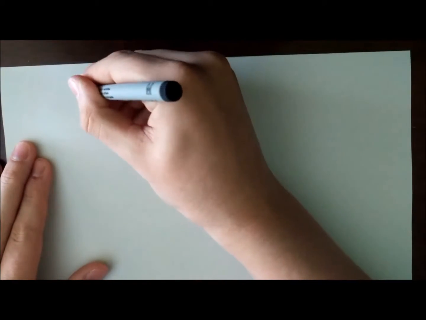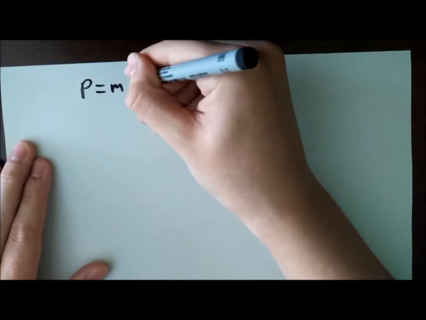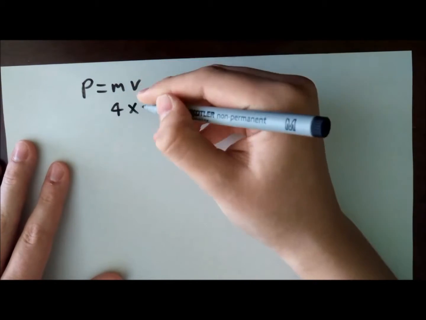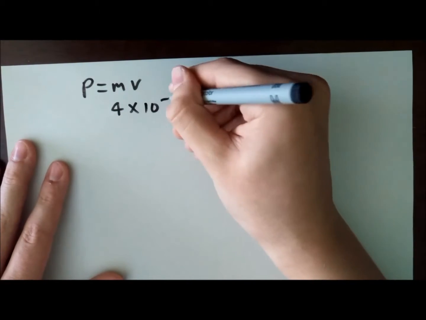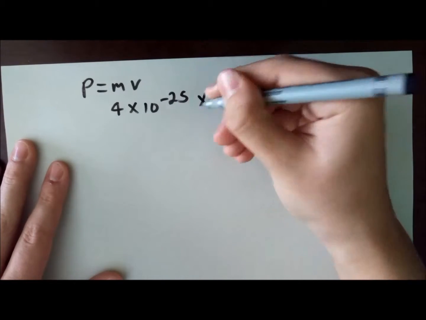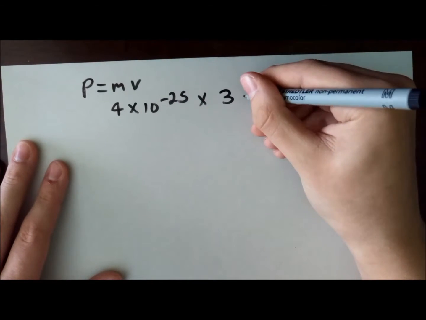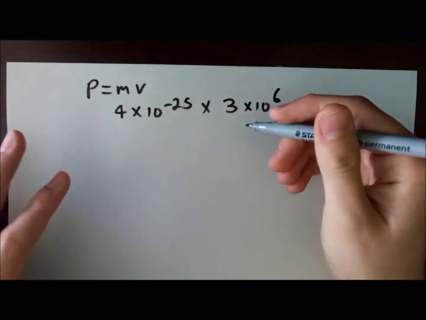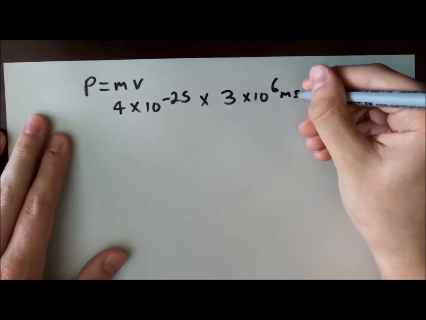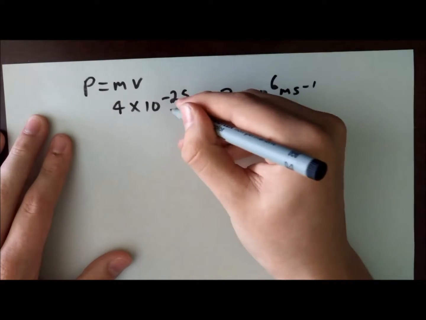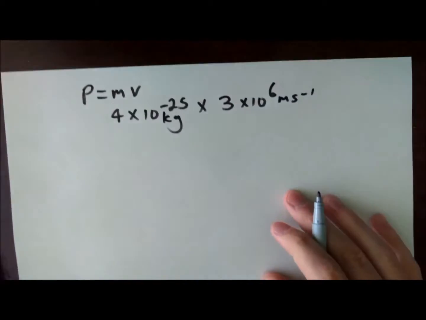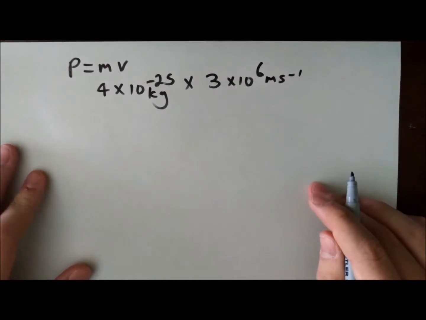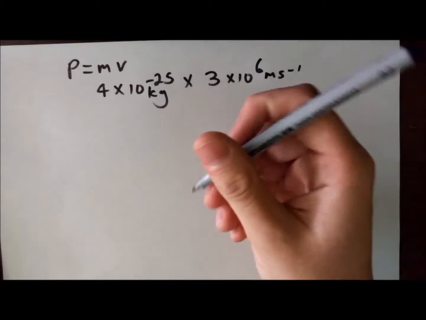Now, using our formula, we know that 4, or the mass, will be multiplied by 3 meters per second, kilograms. Right, now we have these two numbers. Now what we need to do is multiply them together.